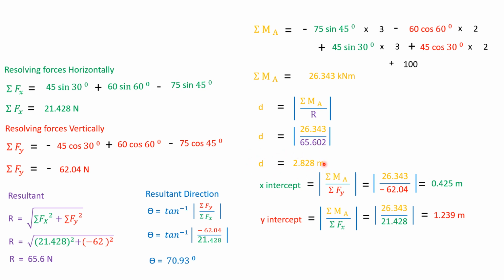The x-intercept is summation MA by summation Fy, equal to 0.425 meters, and the y-intercept is given by summation MA by summation Fx, equal to 1.239 meters.